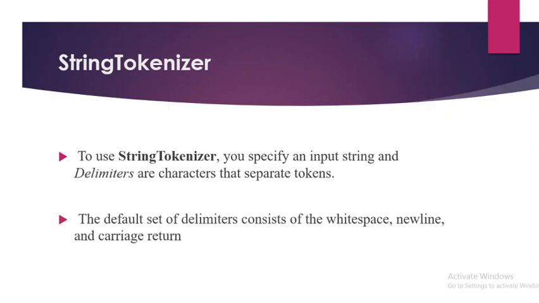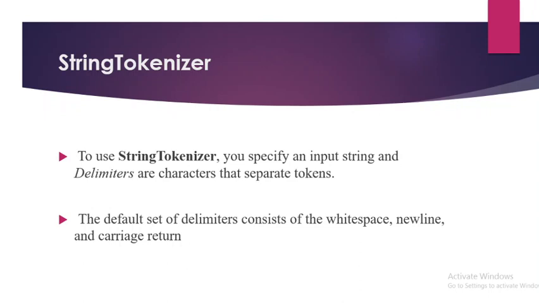The default set of delimiters consists of white space, new line and carriage return, that is enter. So by default a space, a new line character and the carriage return are considered as delimiters to separate out tokens in a string.